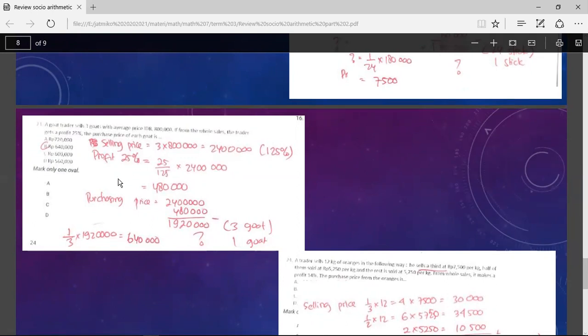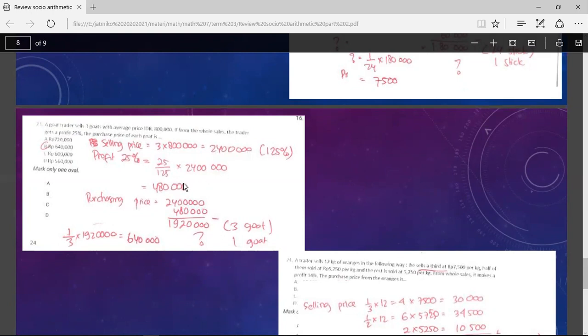And then if they're asking about the purchasing price, we cannot calculate it directly. We have to use comparison like in the previous question. So the profit is 25% and the purchasing price is 100%, so the selling price is 100 plus 25, or 125%.